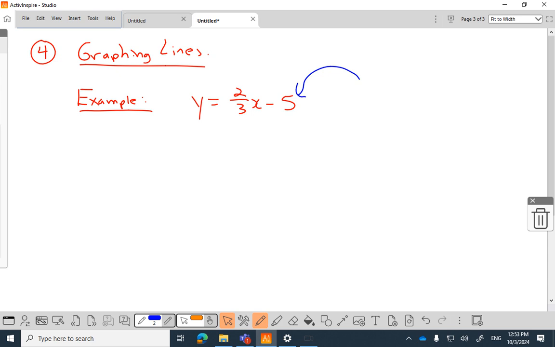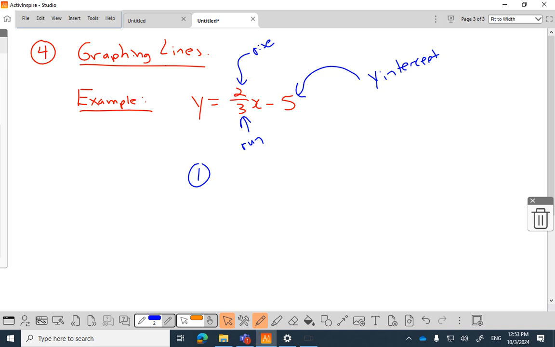That's the y-intercept. How about the 2? Specifically it's the slope, but the 2 as part of the slope, which part is it? That's the rise. And the 3 then is the run. So here are the steps to graphing lines.